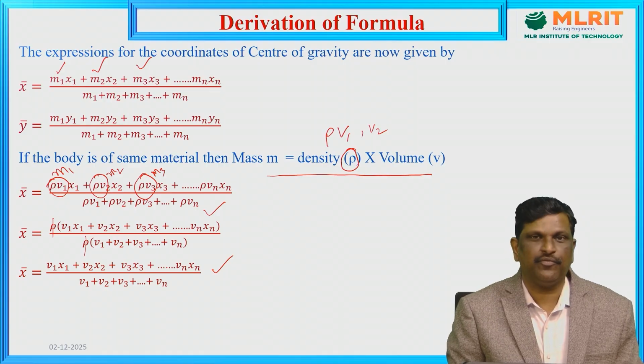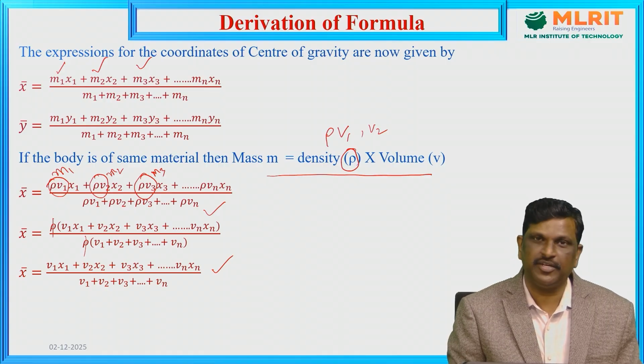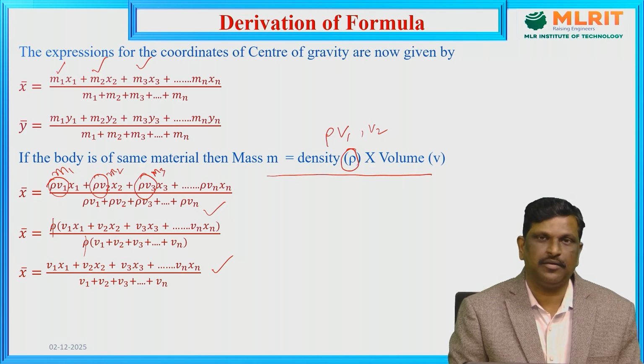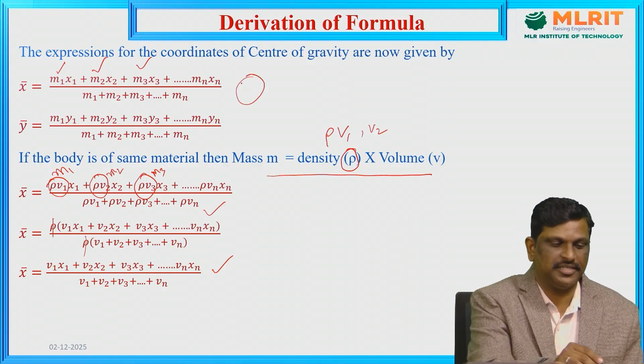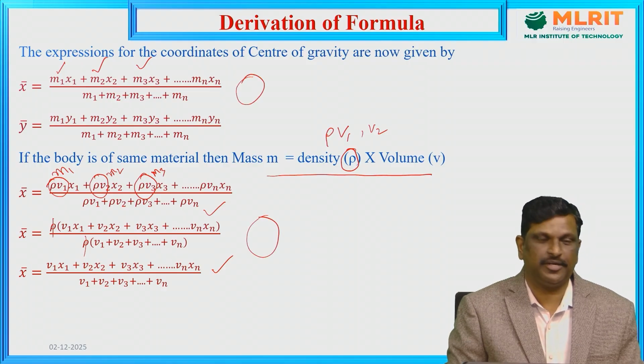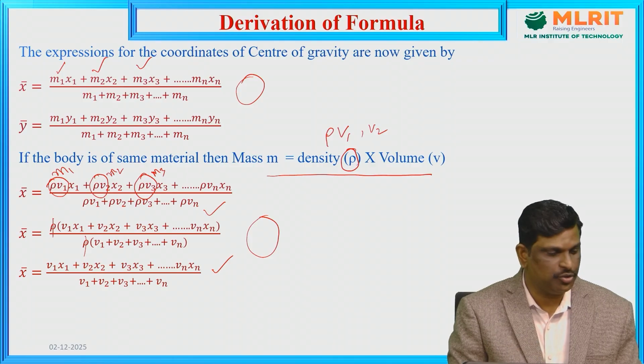See, we are going back to the definition. The center of gravity is the point at which the total mass is concentrated, and it is the point of center of volume.